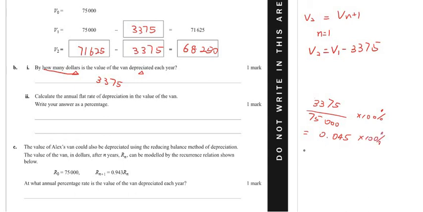I'm just going to treat the percentage as a unit, so I'm going to multiply the 0.045 by 100. That will give me 4.5, and then I carry down the percentage sign. So that will become 4.5%. So my answer over here will be 4.5%.